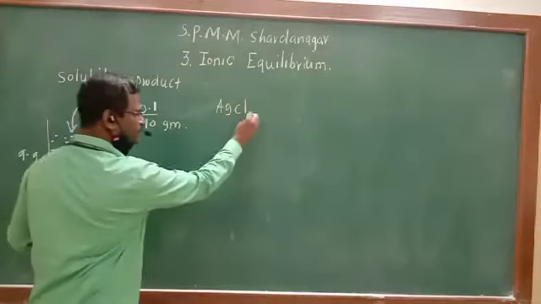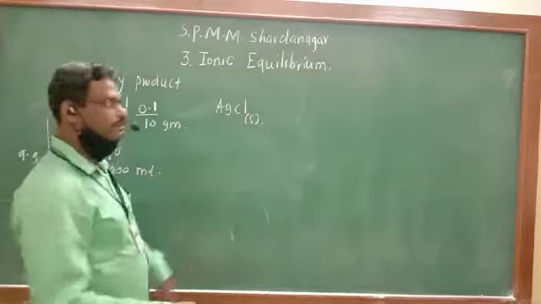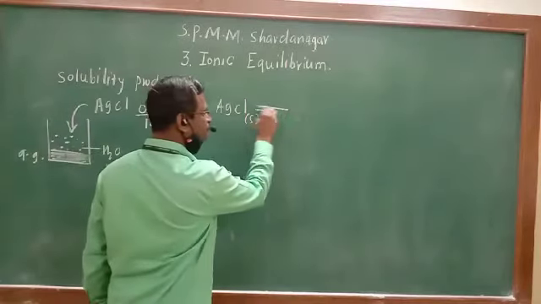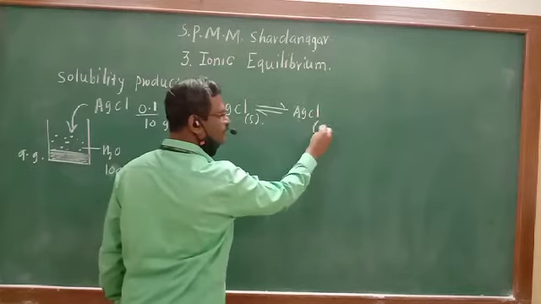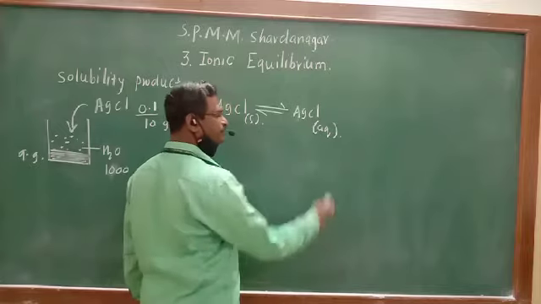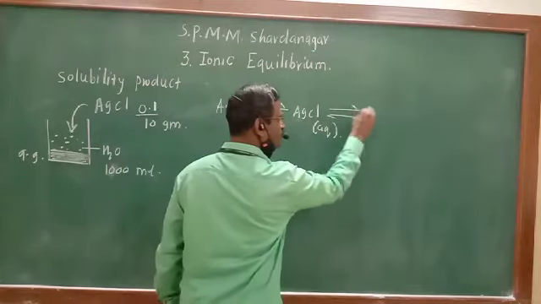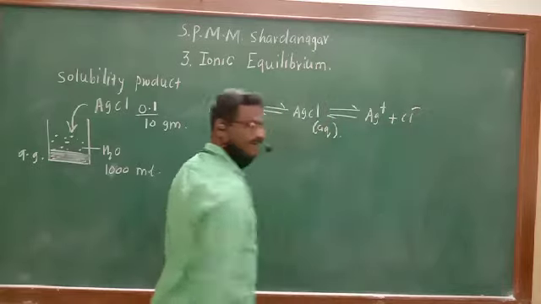AgCl present in the solid state, when equilibrium is obtained, AgCl dissolved, that is in the aqueous liquid state, undergoes dissociation producing Ag plus and Cl minus ions.